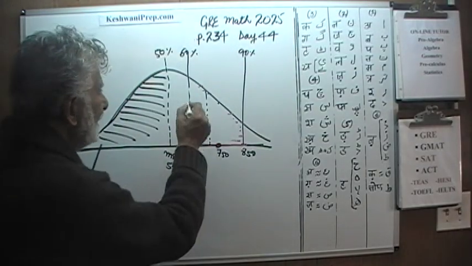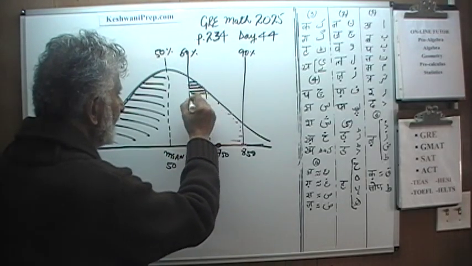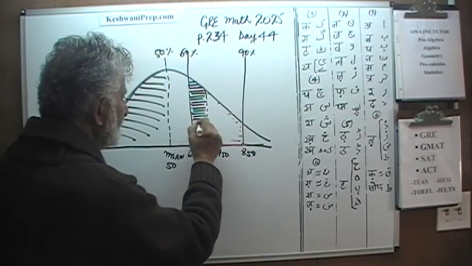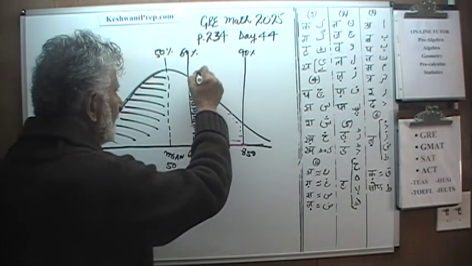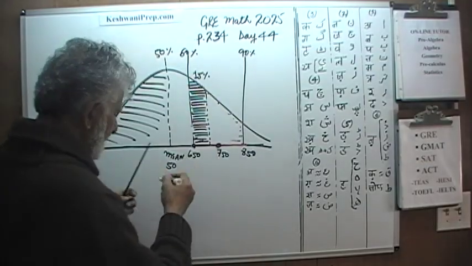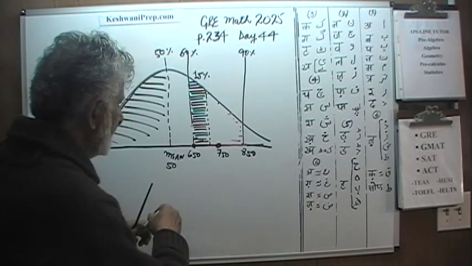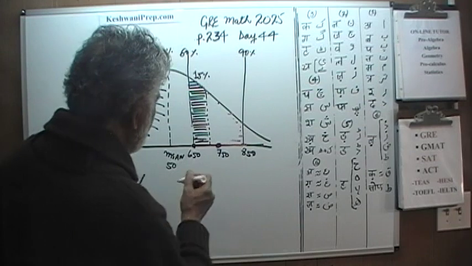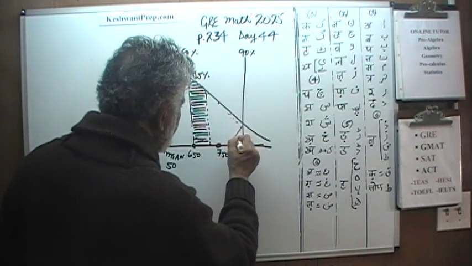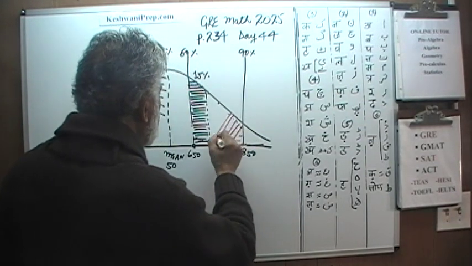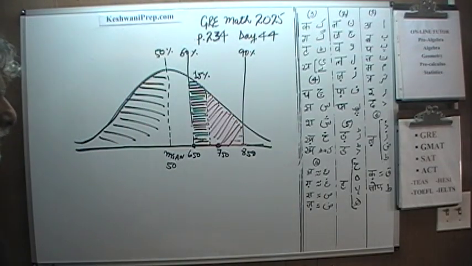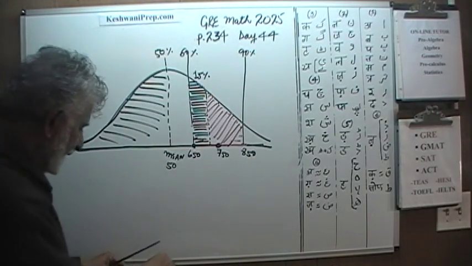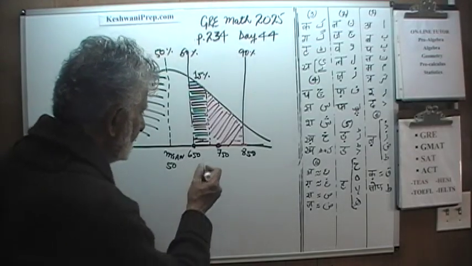Now we can claim that 15% of the observations lie in here, and the remaining 15% fall here. The 75th percentile is to the left of it.